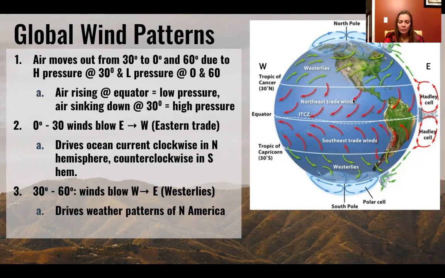Our winds blow from east to west. We have those eastern trade winds, and that drives the ocean current clockwise in the northern hemisphere and counterclockwise in the southern hemisphere. And these westerlies, these winds blowing from west to east, drive the weather patterns of North America.